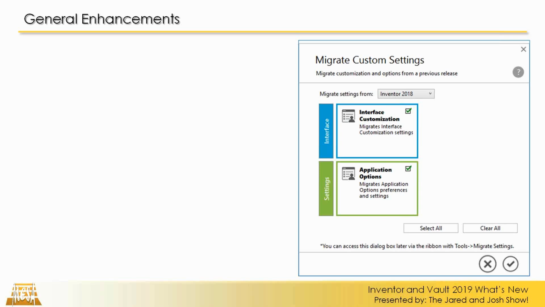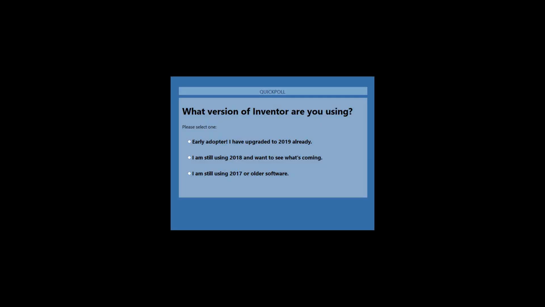And before I get started on that, I did have a quick poll question for you guys. It's going to help me out here. What version of Inventor are you guys using? You guys should see that poll pop up on your screen.